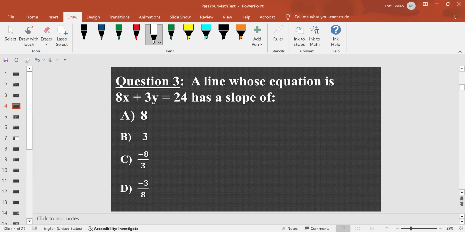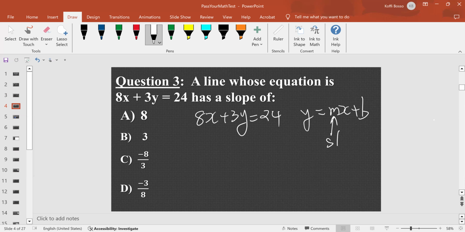Question number 3. A line whose equation is 8x plus 3y equals 24 has a slope of. So they ask you to find the slope of a line where the equation is given. Understand that having 8x plus 3y equal to 24, we want to rewrite this as y equals mx plus b, where m represents the slope.